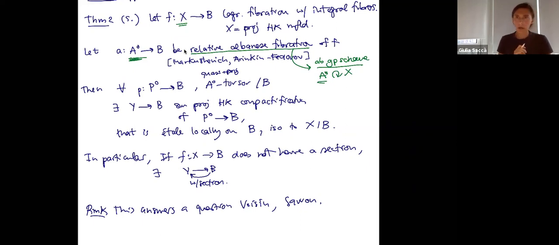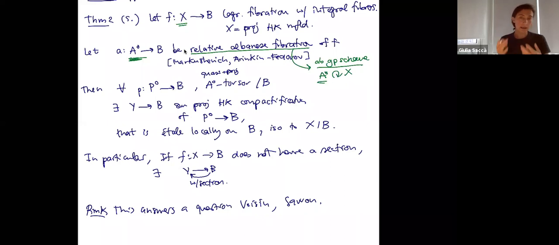Okay, so let me give a few remarks. Well, first of all, for K3, it's classical. You can always take the Pic 0 of an elliptic K3 and it's going to have a section. And just because you're in the surface case, you know that the Pic 0 has a symplectic compactification, if you want.